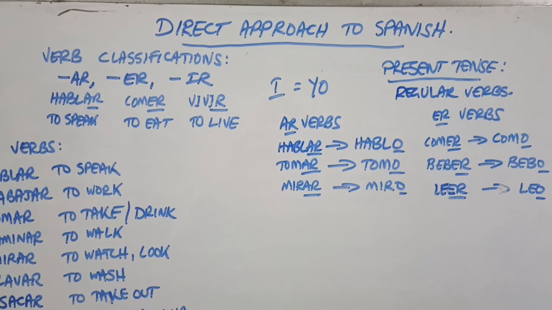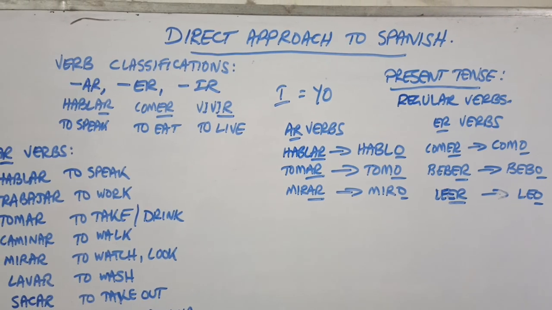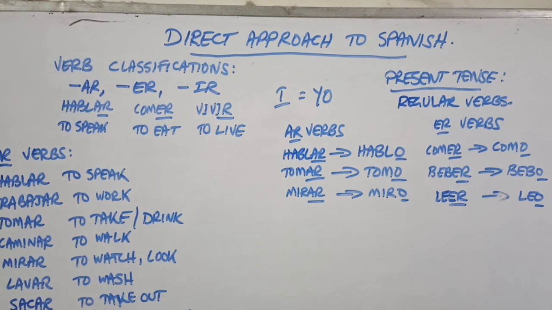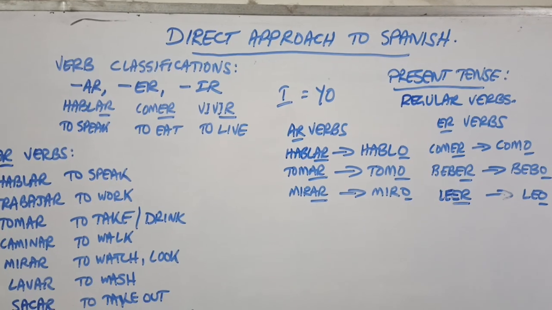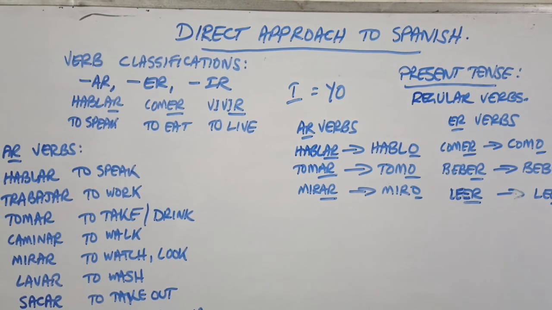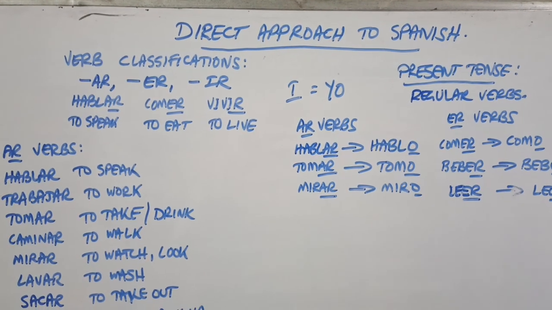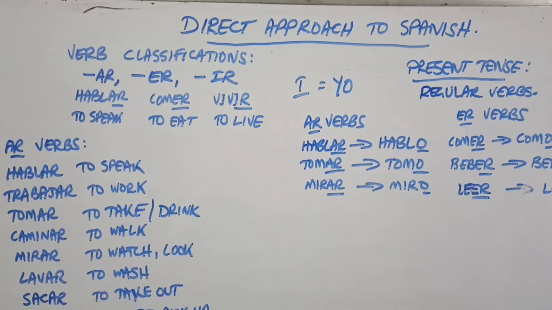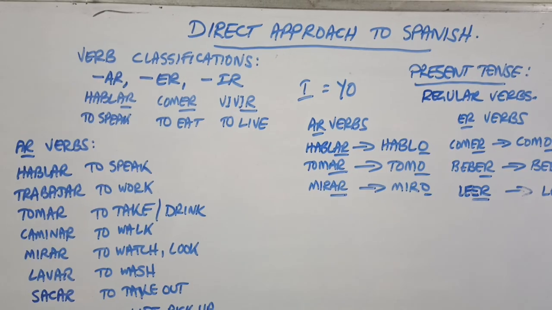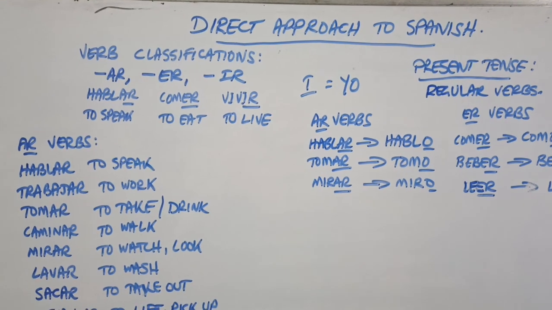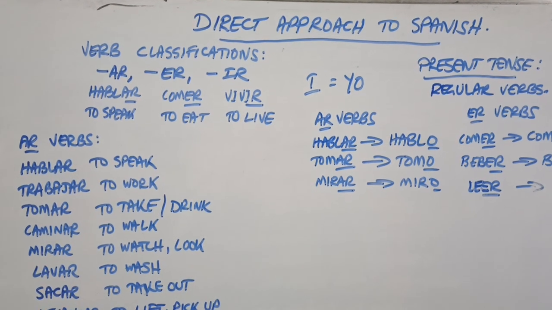Example: AR verb to speak, hablar. ER verb to eat, comer. IR verb to live, vivir. So remember, friends, in Spanish there are only three classifications of verbs. Verbs that end in AR or ER or IR.